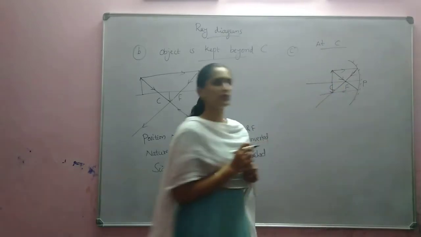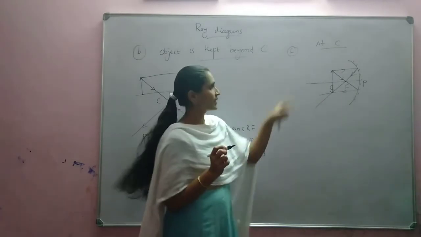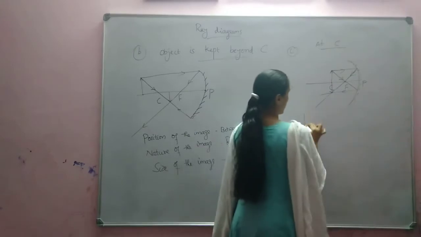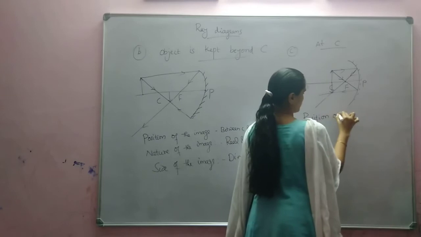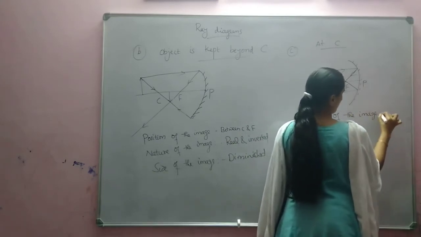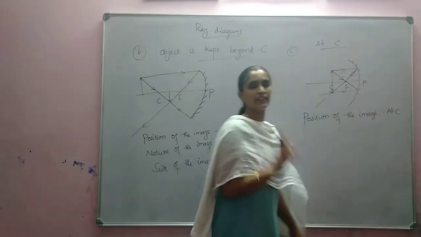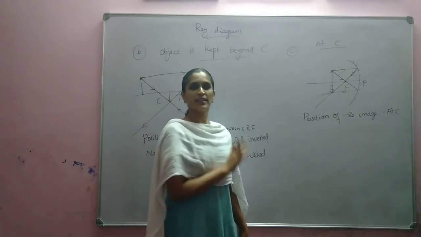Is it clear? Image is formed at C. And what is the size? Size is equal. So we can write position of the image at C. This is the only case in the concave mirror where object distance is equal to image distance.